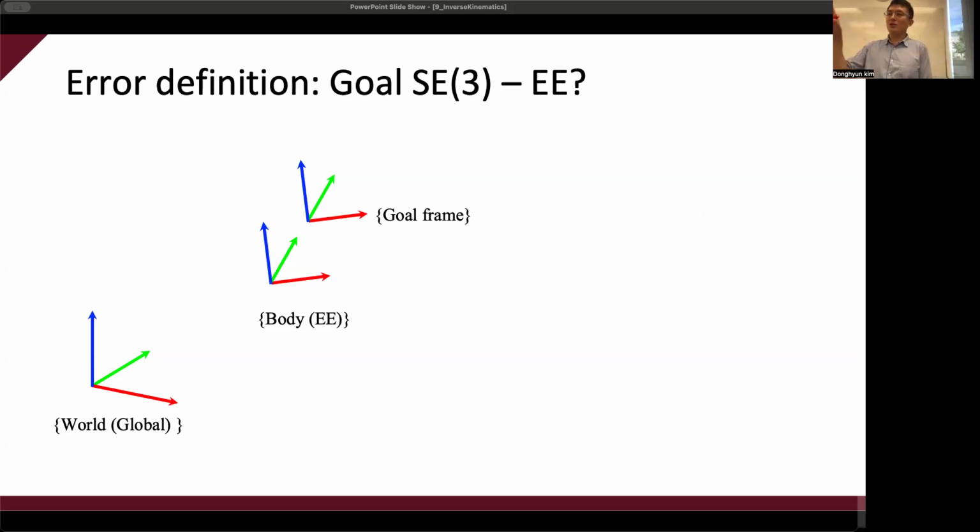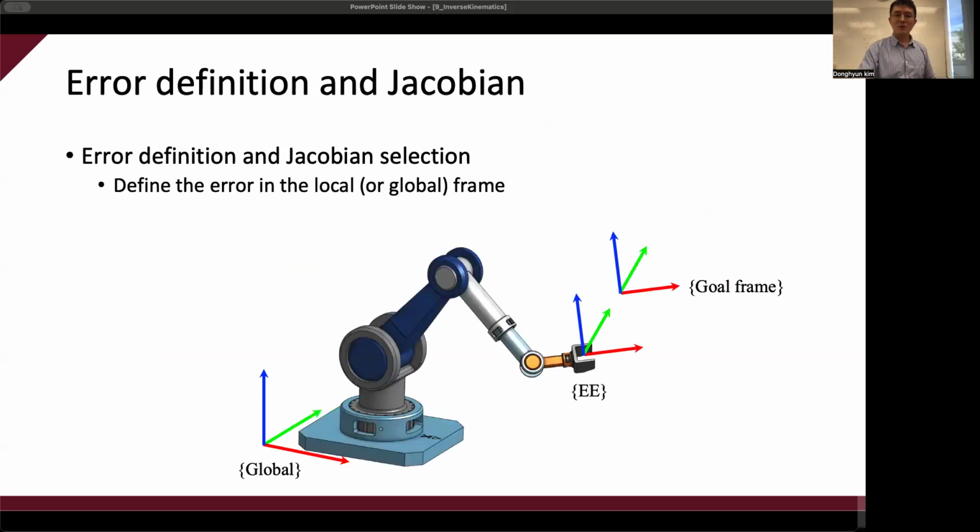In case of the rotation, we just take the goal transpose times the end effector current orientation, and that gives you the error. Am I right? Maybe I'm right. In case of the position, it's simple. Just subtract one from the other: desired target minus current.